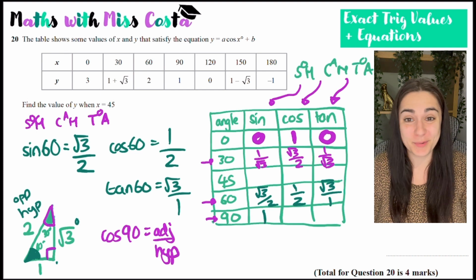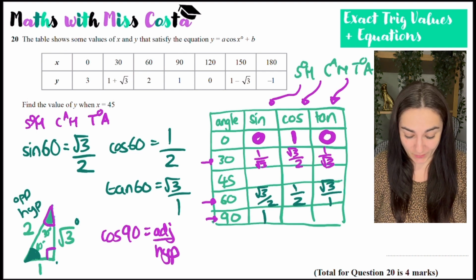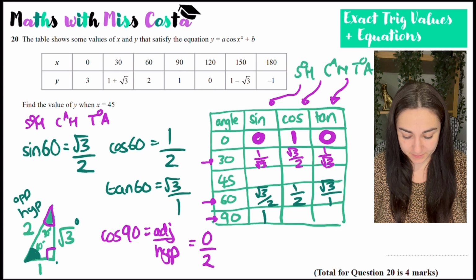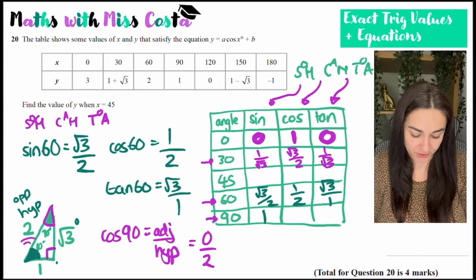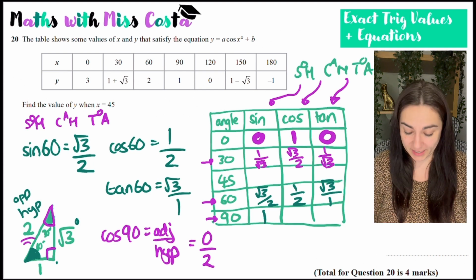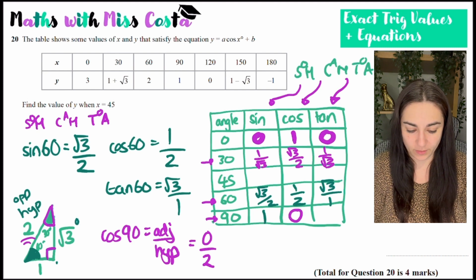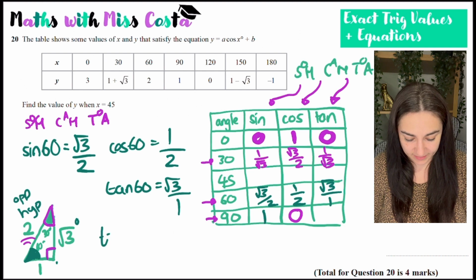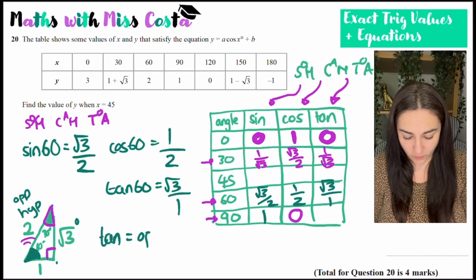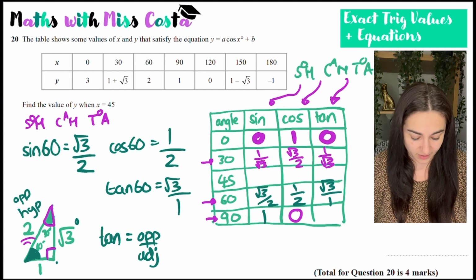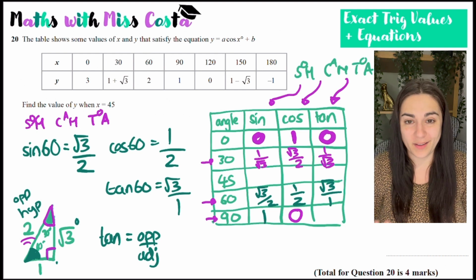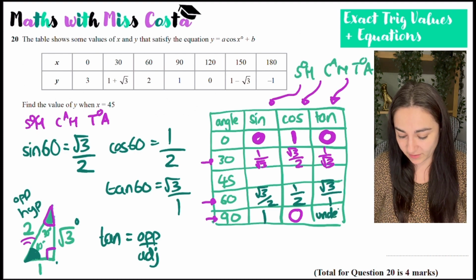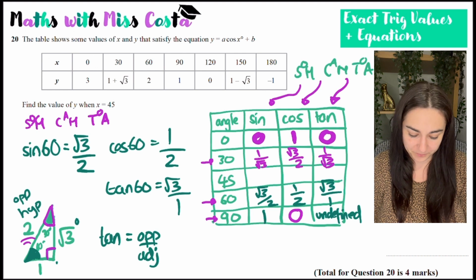I can't actually determine which one is the adjacent, so I'm just going to have to write 0, and it's going to be over 2 because the hypotenuse is 2. Anything 0 divided by anything is 0, so this value will be 0. Next I've got tan, and what do I do for tan? I'm going to do the opposite over the adjacent, but I can't determine what the opposite or the adjacent is, so it would end up being 0 over 0. So I just say that this is undefined, so you wouldn't be asked for this one.